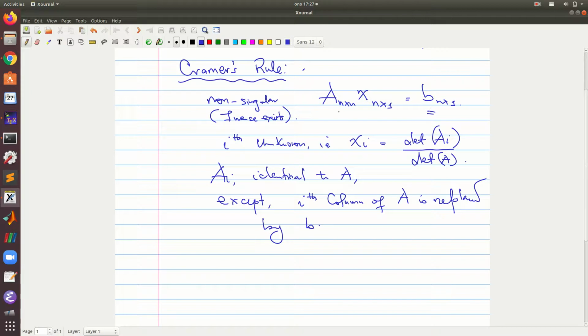So we take the ith column of A and replace it with b.